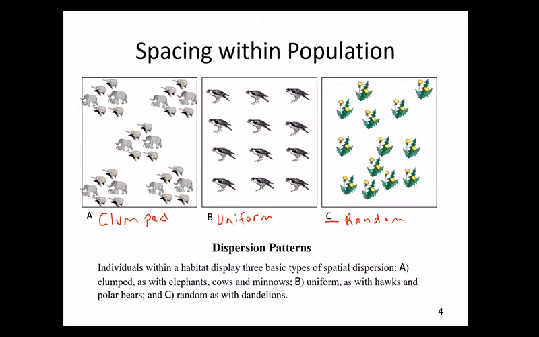And the example we have here is a herding animal, elephants, in which the adults, at least the females, will remain together throughout the year to assist each other in raising their young. And so that social interaction results in clumped distribution.